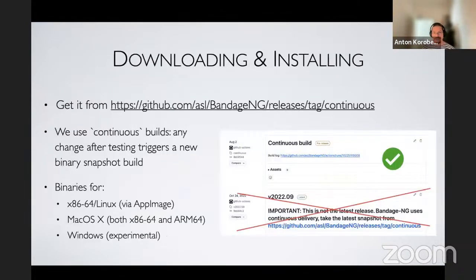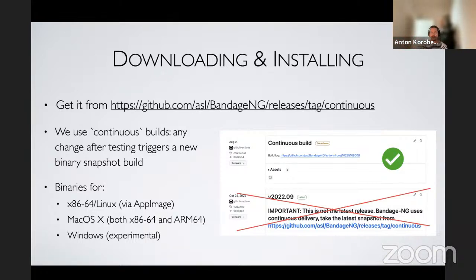So the first and I would say very important thing is that if you want to download it, I stopped doing version releases. Bandage-NG employs continuous build, meaning that every tested feature that is in the development branch immediately triggers a snapshot build.